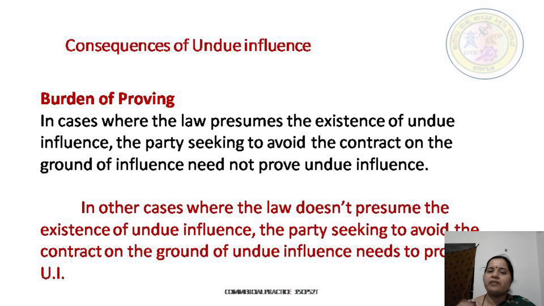In cases where law presumes the existence of undue influence, say master and servant, doctor and patient, father and son, religious advisor and disciple. In such cases, law presumes the existence of undue influence. So, the party seeking to avoid the contract need not prove undue influence.